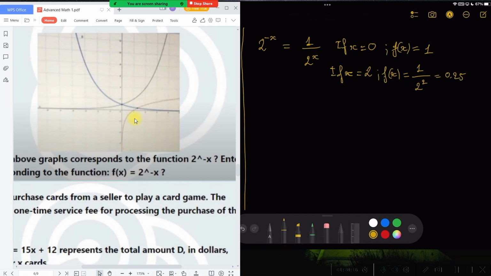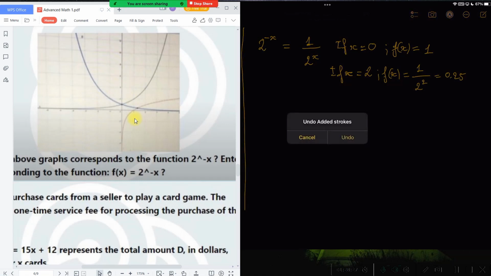I don't think we have any, right? There's something wrong. The picture is not so clear. If it's not so clear like this, how can we study?